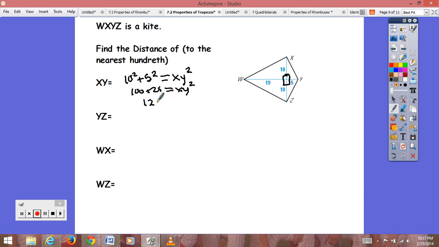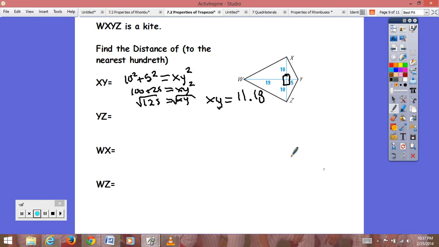We get 125. Take the square root of both sides, and XY is going to equal 11.18, rounding to the nearest hundredth.